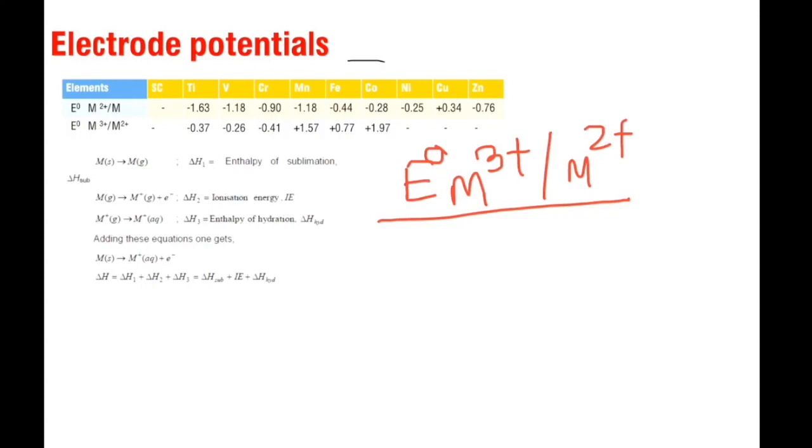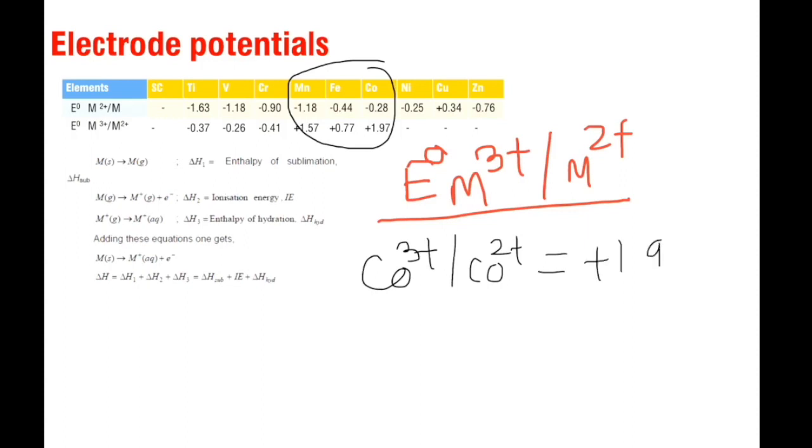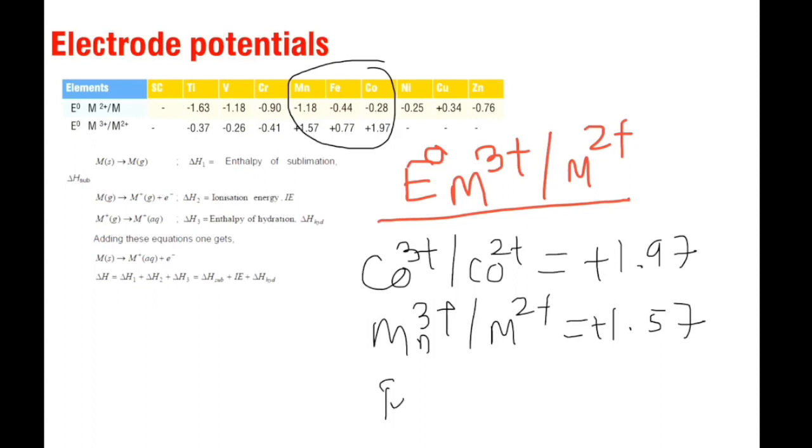In the case of manganese, iron, cobalt: cobalt 3+, cobalt 2+, the value equals plus 1.97 volt. Manganese 3+, manganese 2+, the value equals plus 1.57 volt. Iron 3+, iron 2+, the value equals 0.77 volt.